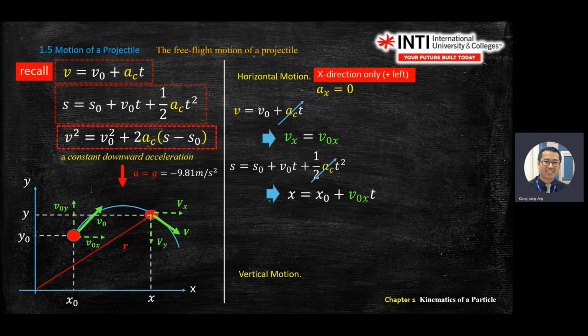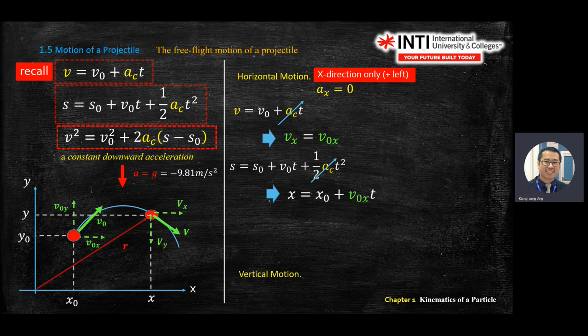So, the initial position on the graph, is x sub 0. You just replace these terms with the correct ones. Then V0, you replace with the equation above: V0 equal to Vox. Copy that, and this term is 0.